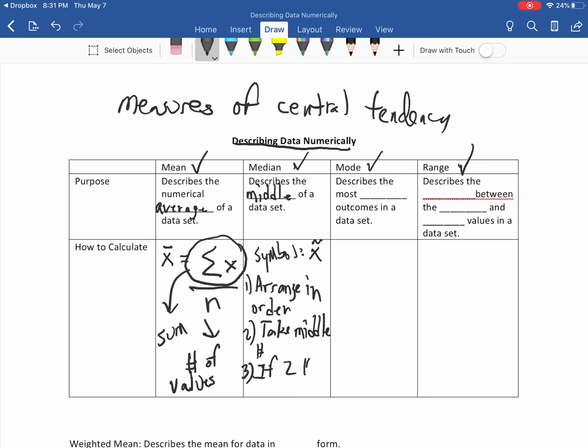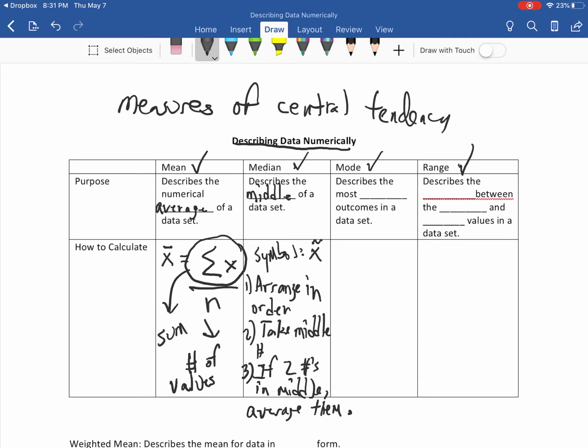If there are two numbers in the middle, average them. So if we had in the middle of a data set 70 and 72, we'd go 70 plus 72, 142, and divide by 2, so we get a median of 71.